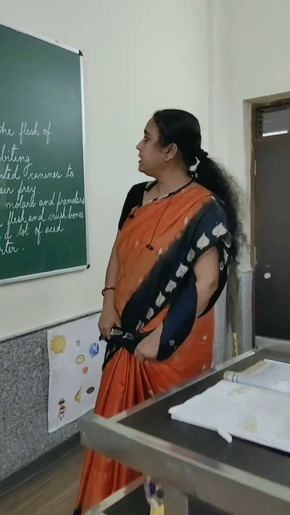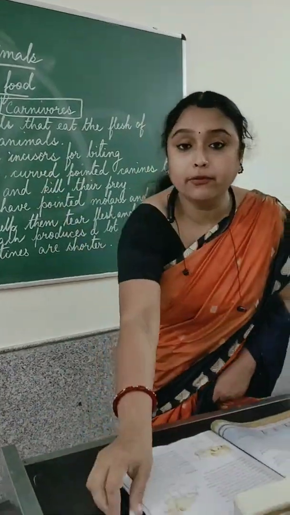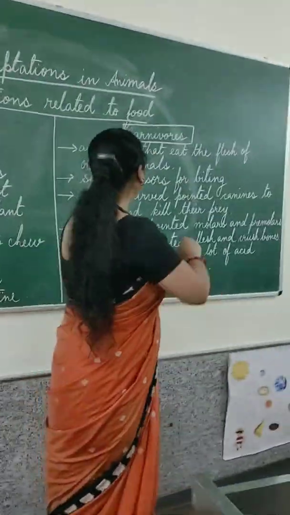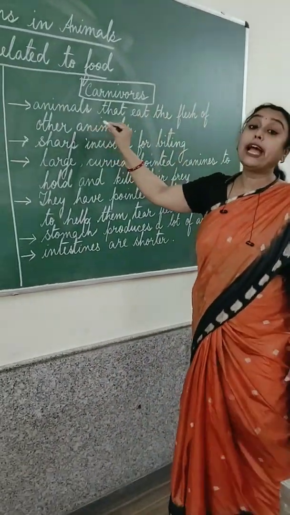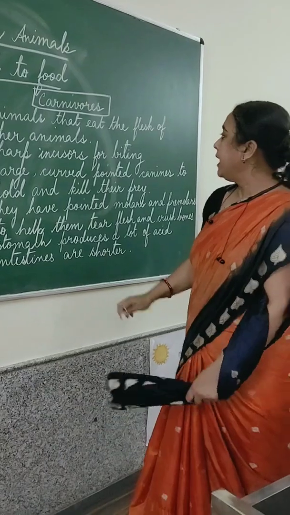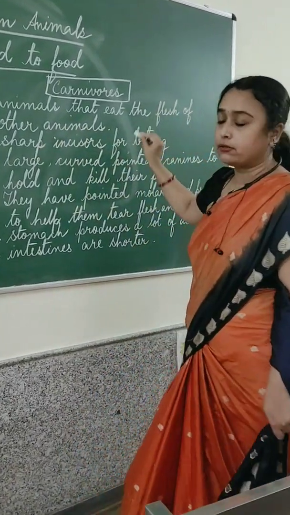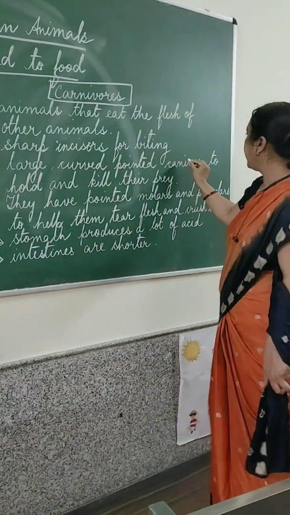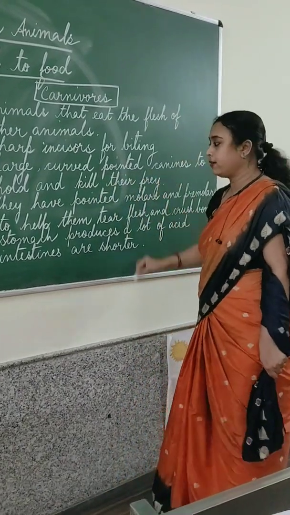Now children, I will tell you about carnivorous animals or carnivores. Now, what are carnivores? Carnivores are animals that eat the flesh of other animals. Their incisors are very sharp for biting. They have large, curved, pointed canines to hold and kill their prey.